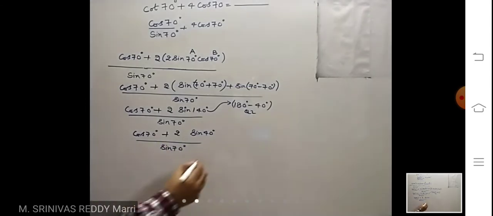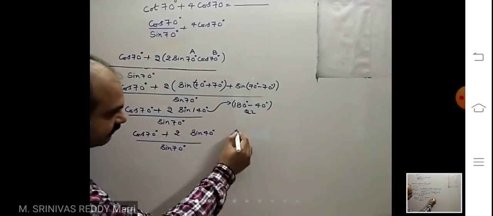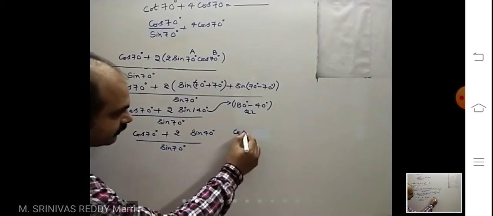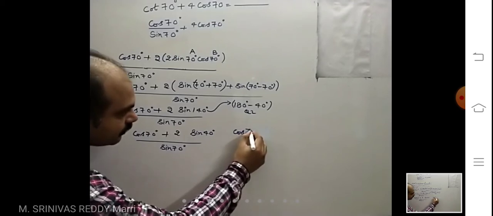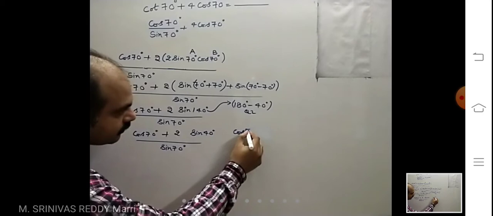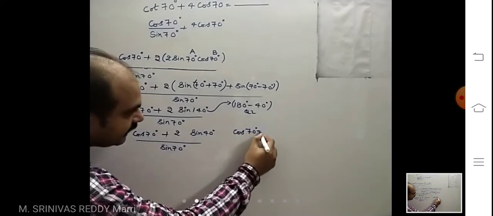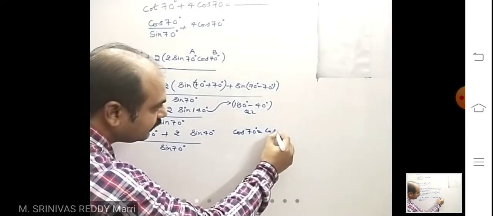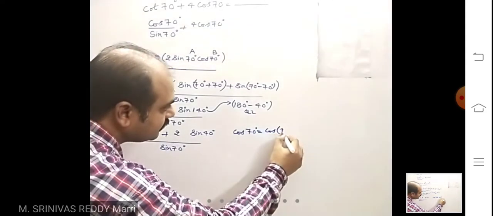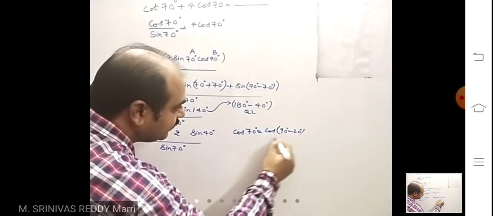sine 70 degree. Now look at cos 70 degree. This I will also convert into sine. Cos 70 degree I can write in sine because this is in sine. I can write it as 90 degree minus 20 degree.